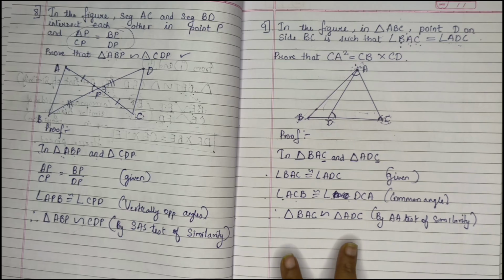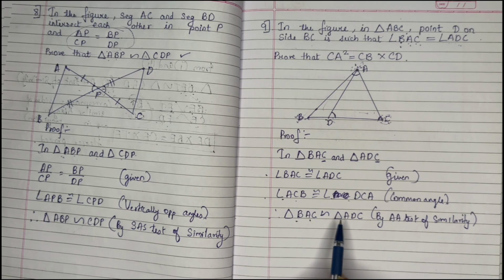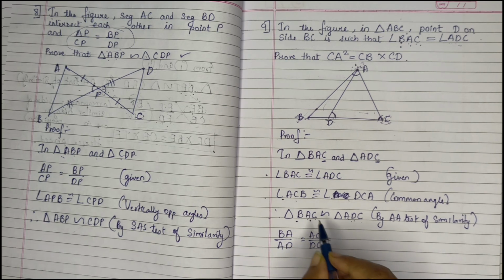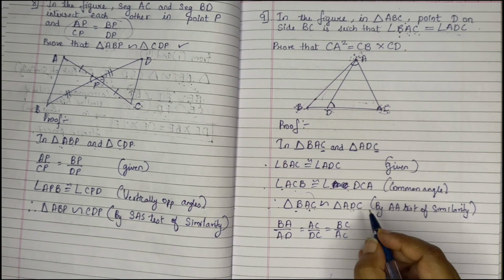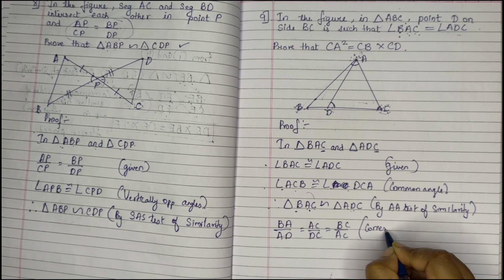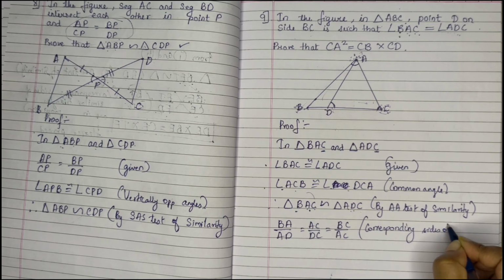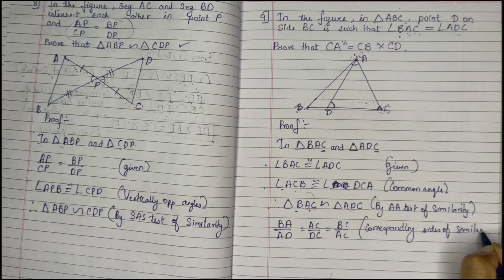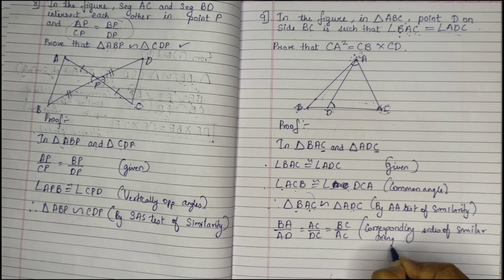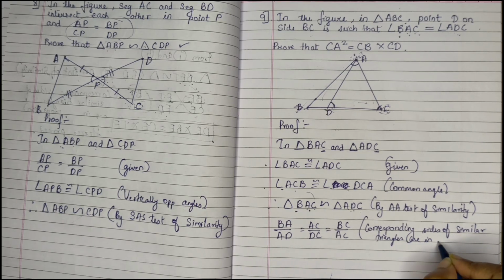BA upon AD is equal to AC upon DC is equal to BC upon AC. You can give the reason: corresponding sides of similar triangles are in proportion.